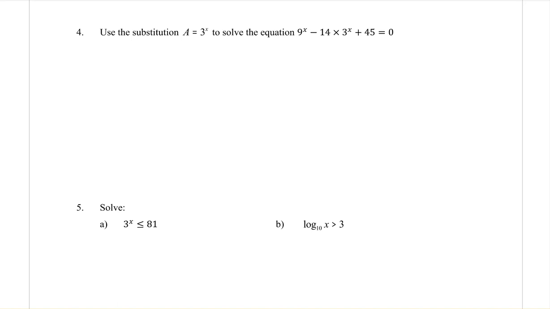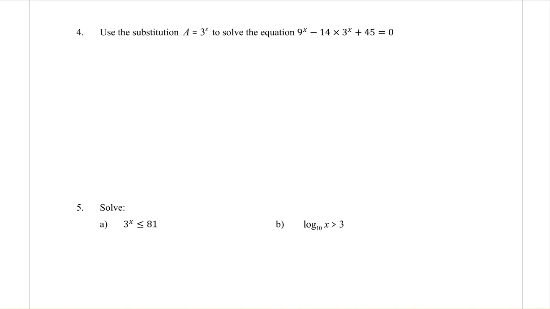Use the substitution method that a is equal to 3 to the power of x to solve the equation 9^x minus 14 times 3 to the power of x plus 45 equals 0. I need to write that whole equation with a base of 3 because that's what I want to sub into it.